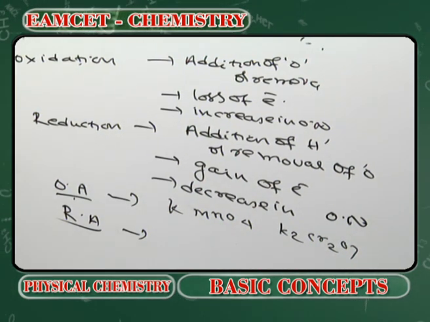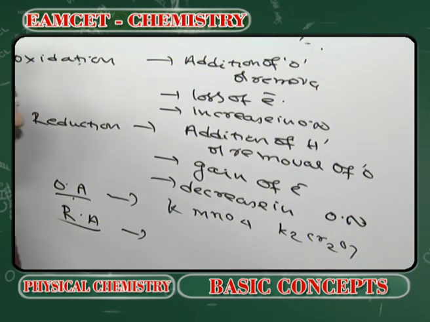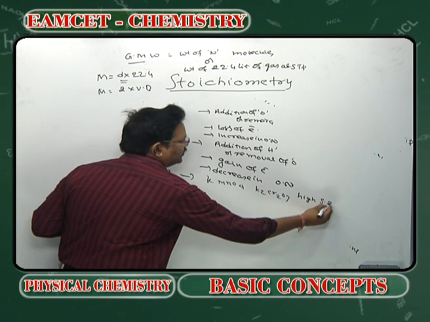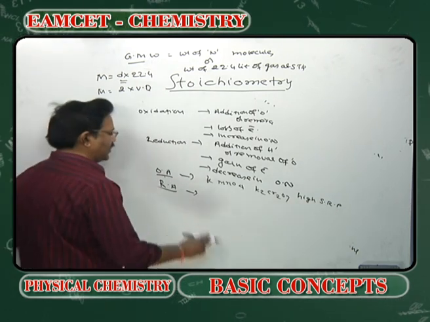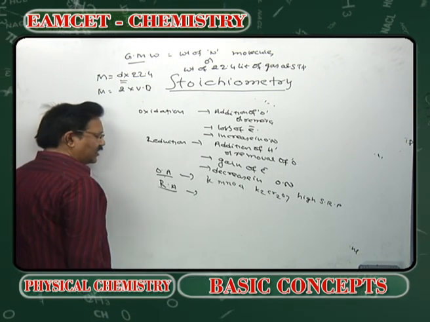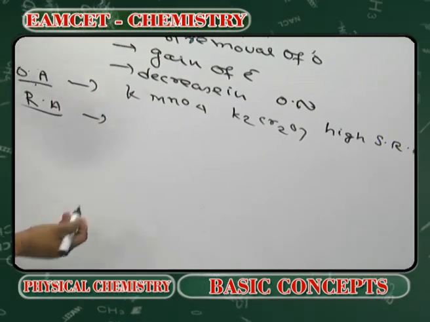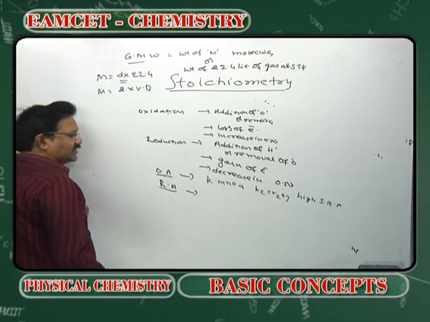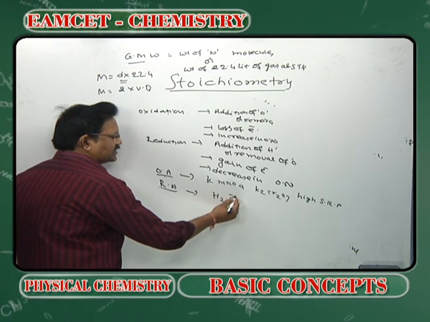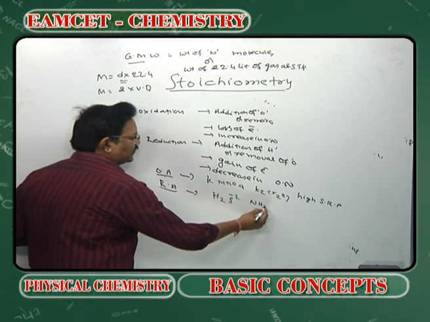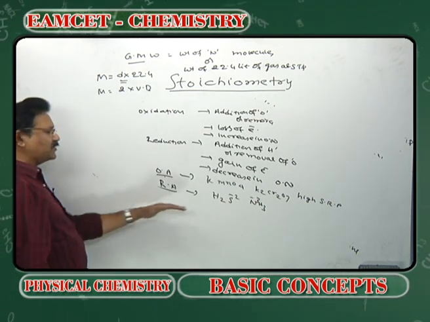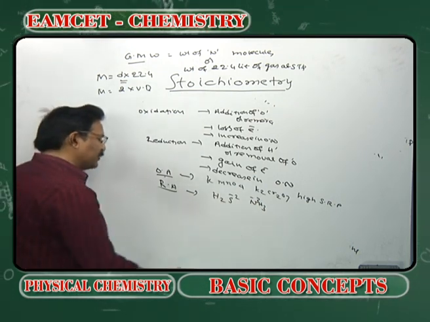Oxidizing agents are also characterized by high SRP values. Higher the standard reduction potential values, stronger is the oxidizing agent. And how to recognize the reducing agent? When the central atom is in its lowest oxidation state, such compounds always function as reducing agents. And reducing agents possess the lowest SRP values.